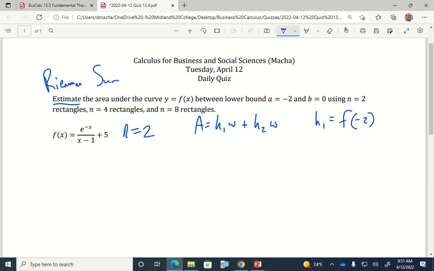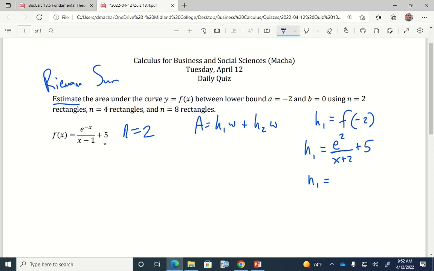You would do e to the power -2 divided by x minus -2, that's x plus 2, and then plus 5. So in your calculator do e squared divided by x plus 2, plus 5.